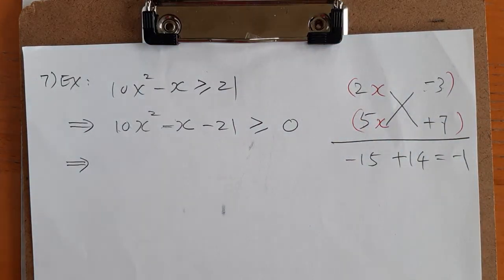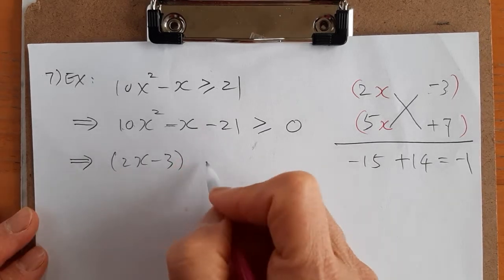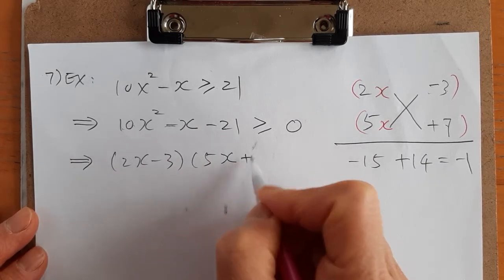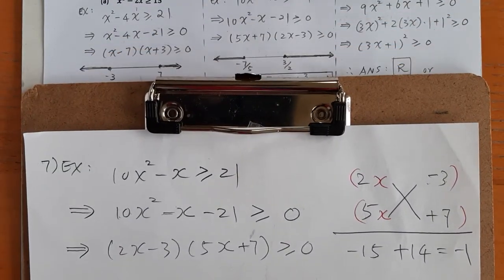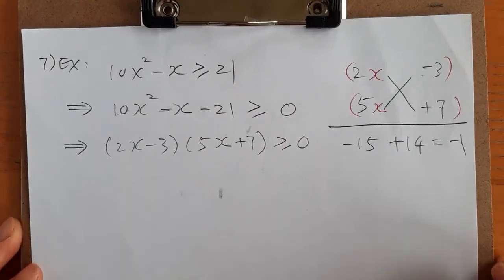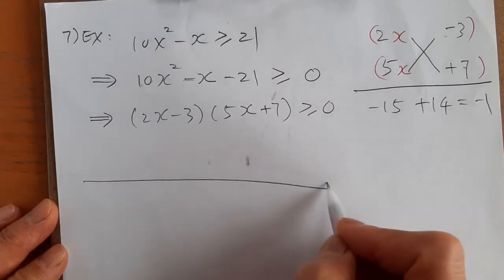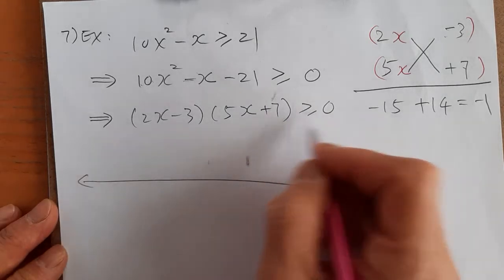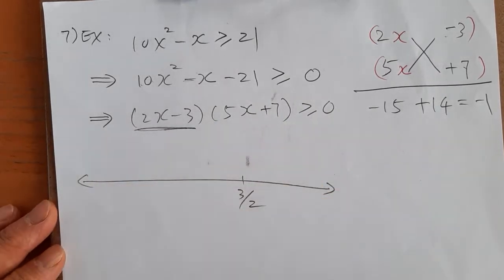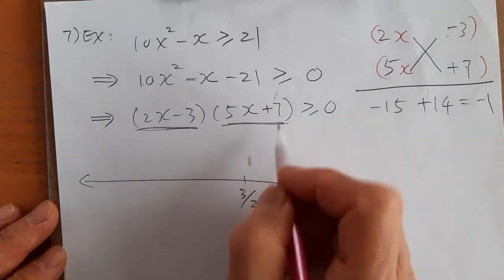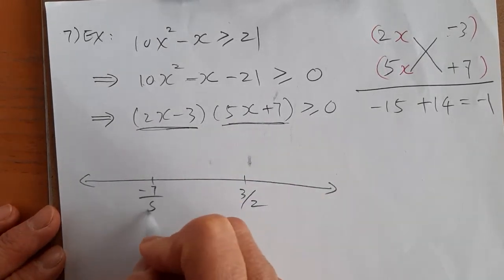The factors are 2x minus 3 and 5x plus 7, greater than or equal to 0. Then you solve it. If 2x minus 3 equals 0, the solution is positive 3 over 2. If 5x plus 7 equals 0, the solution is negative 7 over 5.